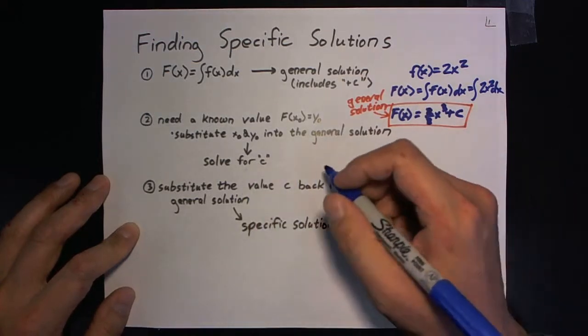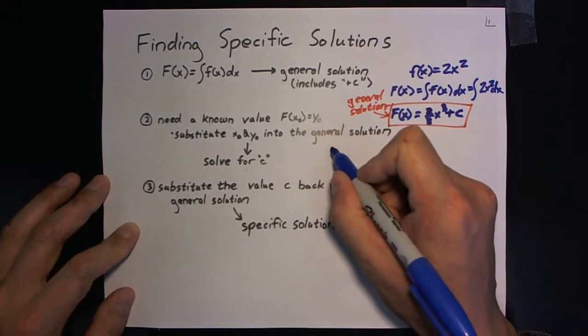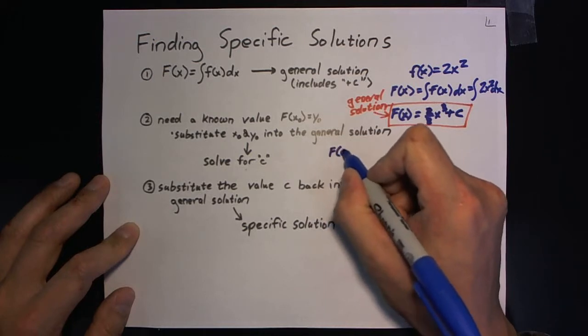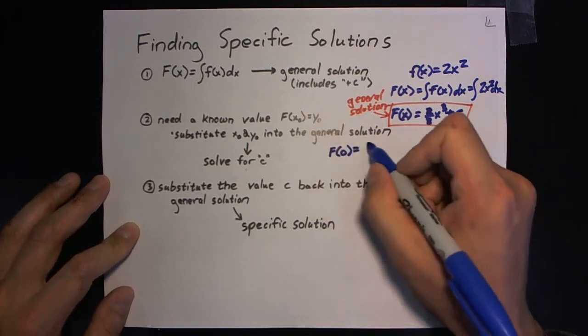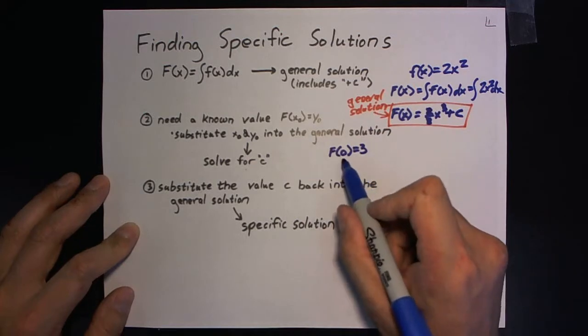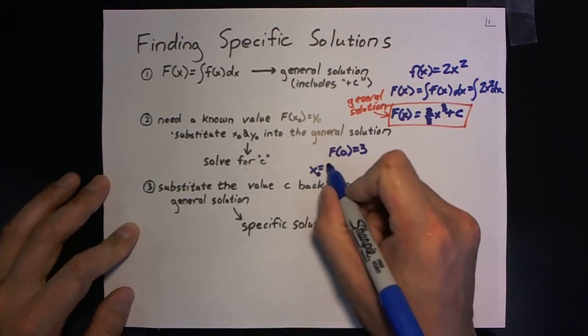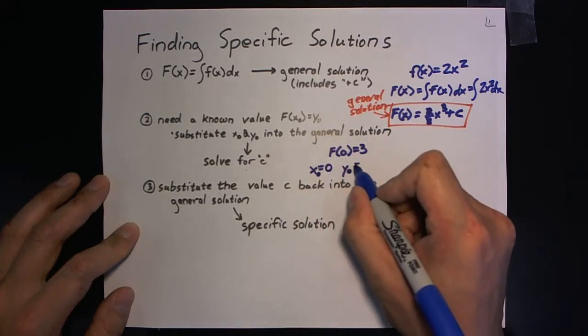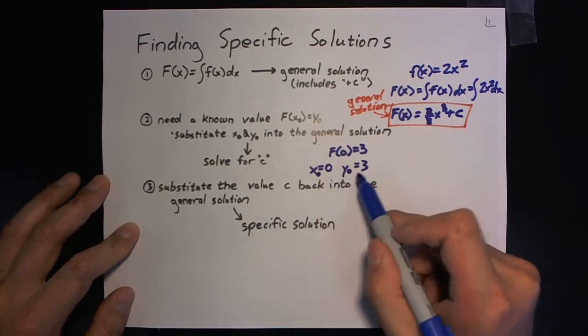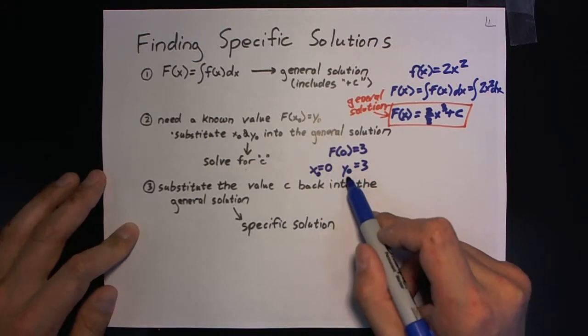So let's say we also knew that capital F of 0 is 3. Well, that means that when x equals 0, then y is 3, or capital F of x is 3.